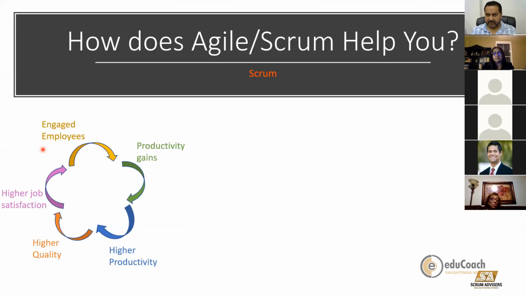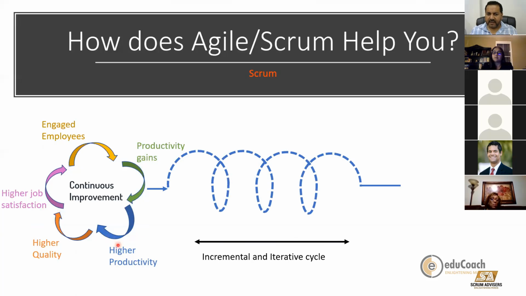which of course leads to productivity gains. So this cycle keeps repeating itself. Productivity gains lead back to higher productivity, and this is what we call an incremental and iterative cycle. As I have been saying, it's like a spiral. We have feedback loops built in, but we are still moving forward.